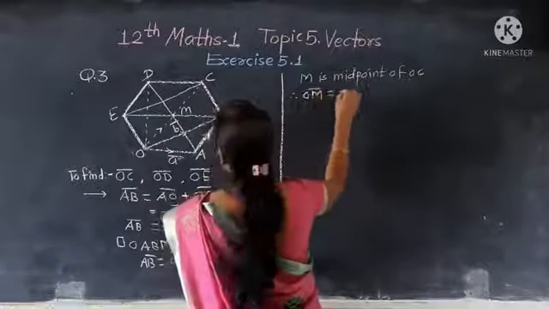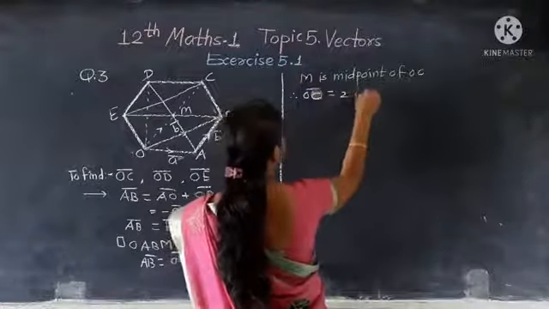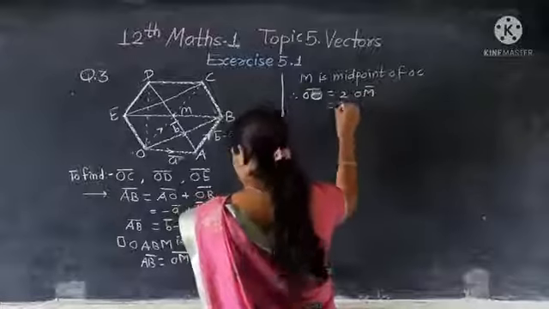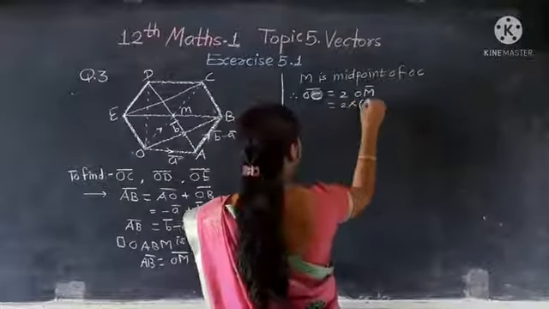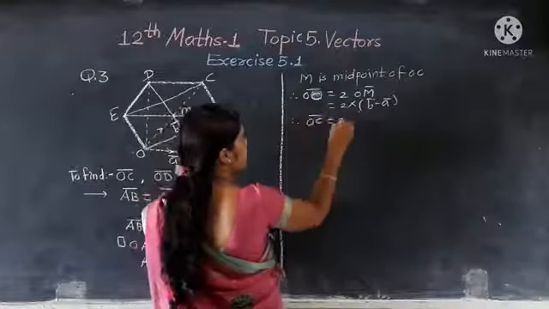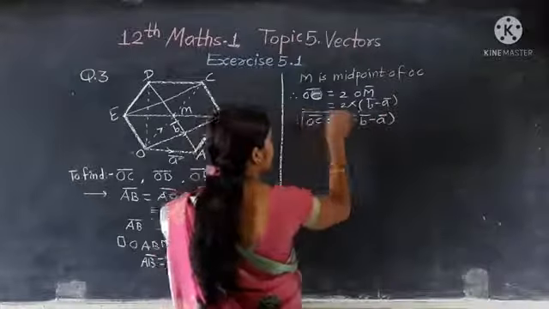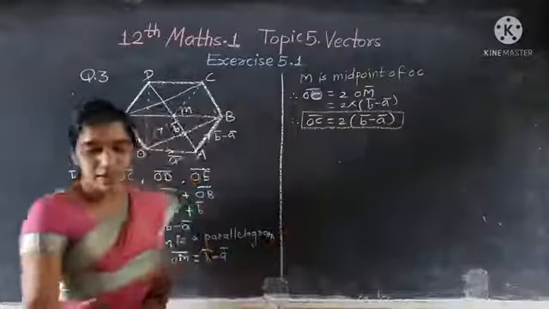OC bar is equal to twice OM bar, is equal to 2 into B bar minus A bar. We get OC bar is equal to 2 into bracket B bar minus A bar. First we get OC bar.